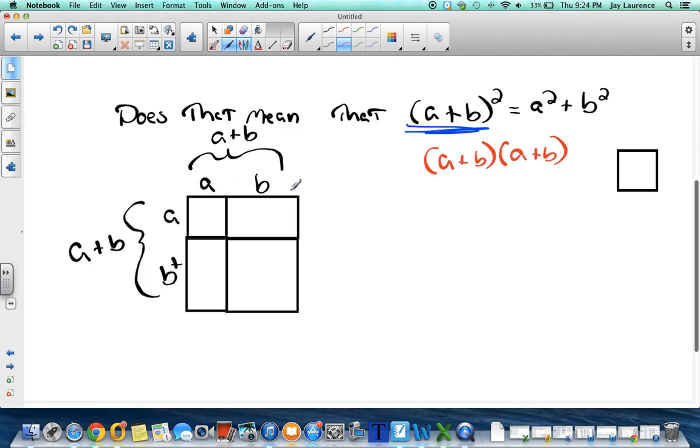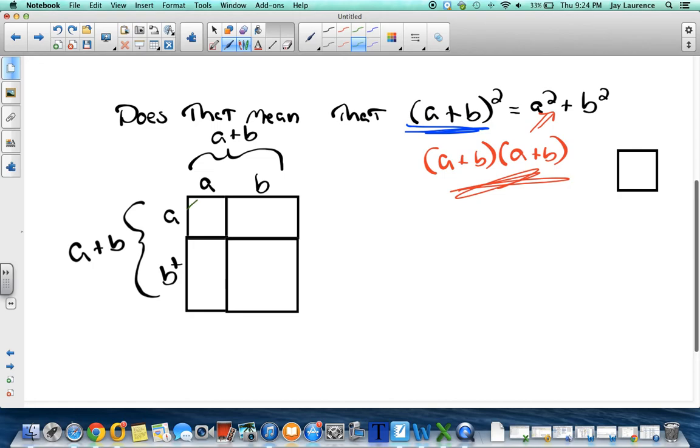If it was 6 on this side and 6 on that side, it would be 6 times 6 is 36. And actually, I keep calling it a rectangle. It is a rectangle, but more correctly, it's even a square, because the length is a plus b and the width is a plus b. Now, what we're conjecturing, does this equal that? Well, let's figure it out. Let's kind of do it the long way here.